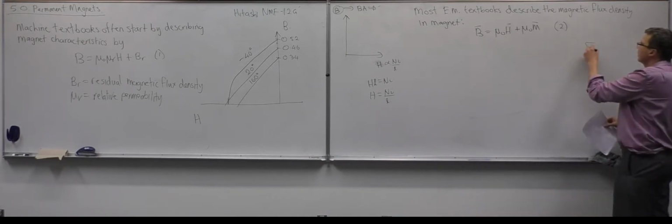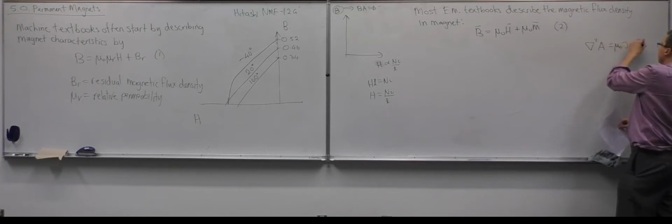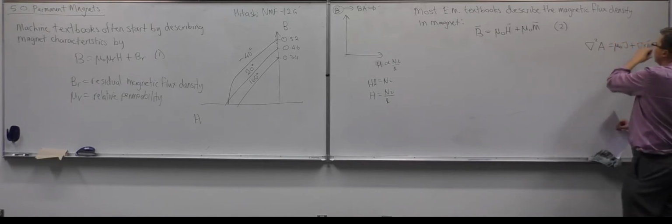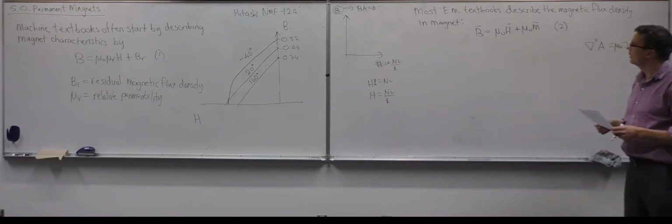You know, we had del squared A is equal to mu naught J plus del cross M, where M was a vector. And we used this equation here.